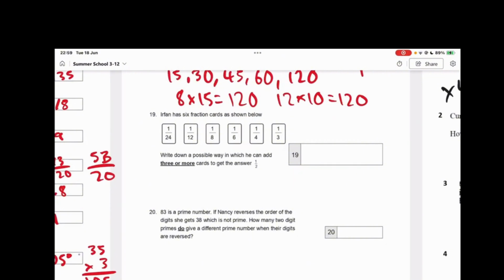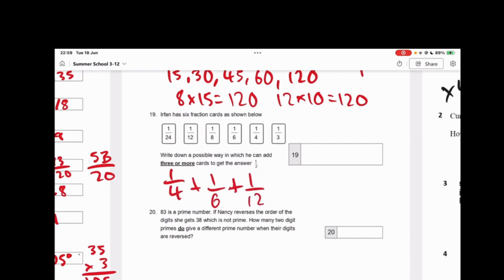Okay. Irfan has 6 fraction cards there. Write down a possible way in which he can add 3 or more to get 1 over 2. Okay, so to get 1 over 2, he could add a quarter to a sixth to a 12th.